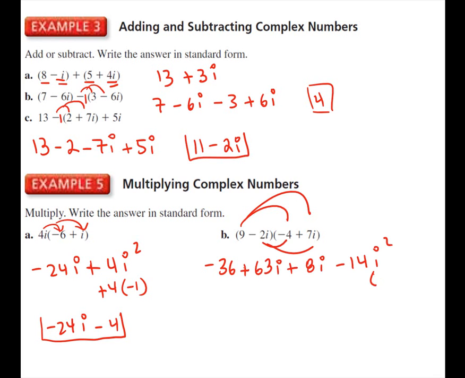And we know i squared is negative 1, so negative 14 times negative 1 makes it a positive 14. Now let's combine like terms. Negative 36 and positive 14 give us negative 22. And these are like terms right here with the i's. That would be plus 71i.